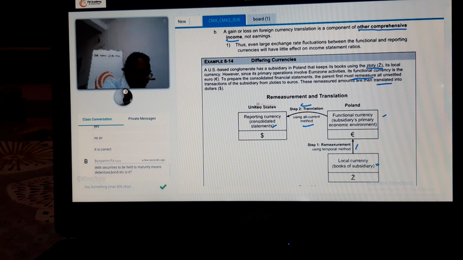An item that should be remeasured by the use of current exchange rate is: an investment in bonds to be held until maturity, a plant asset and associated depreciation, a patent and an associated accumulated amortization, or the revenue from a long-term construction contract.